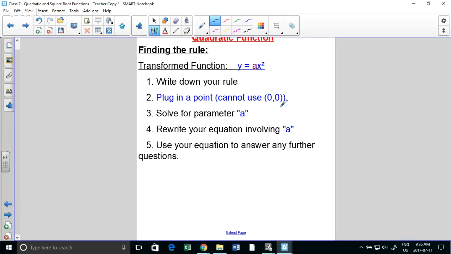But I'll try to slow down a bit. So for quadratic, remember we have this. When we're writing down the rule, you plug in a point other than 0, 0, solve for parameter a, and then use the rule to solve for any further questions.